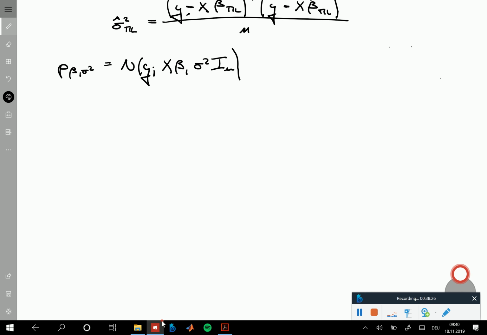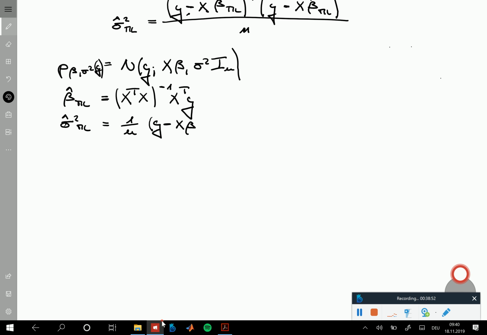And we have obtained maximum likelihood estimators for the parameters, namely (X^T X)^-1 X^T y, and our variance maximum likelihood estimator, 1 over n (y minus X beta hat ML)^T (y minus X beta hat ML).